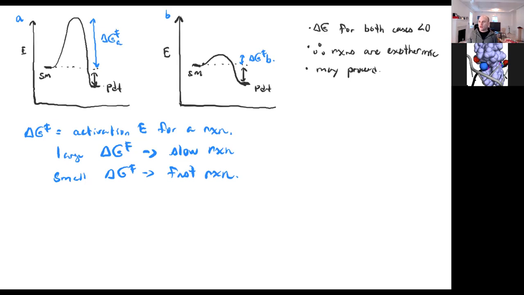What the delta G double dagger is telling us is that I've got to put energy in the system to get over this hump, right? And why is that the case?